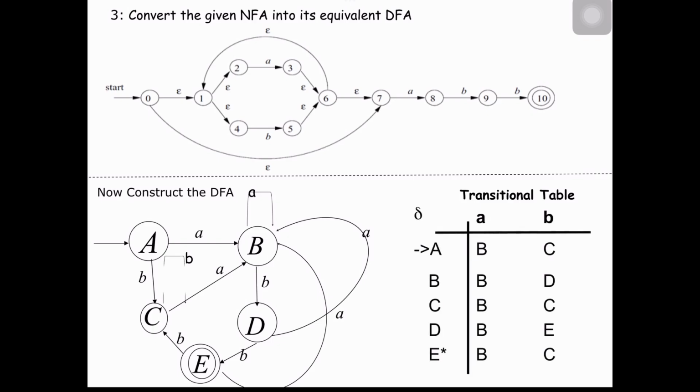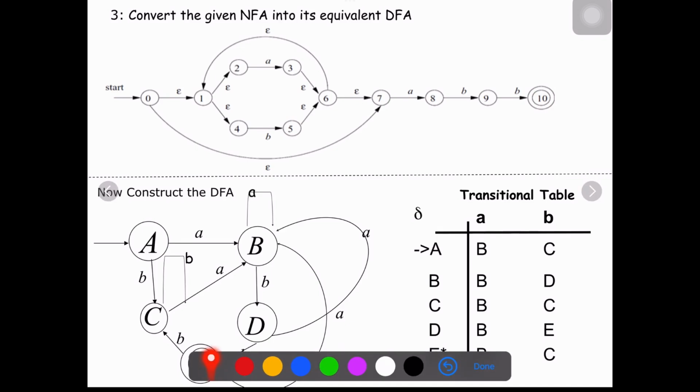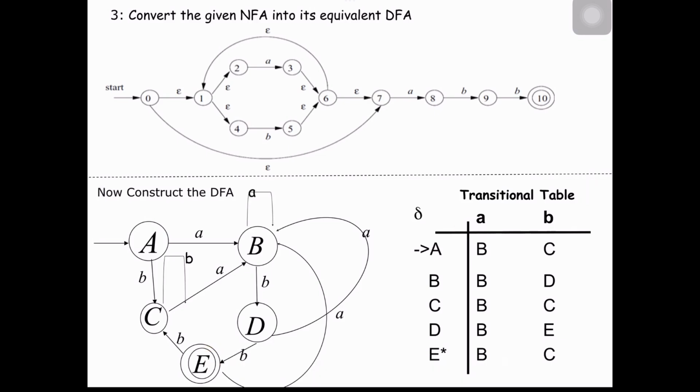Then the corresponding transition table. A on A will go to B, A on B will go to C, right?